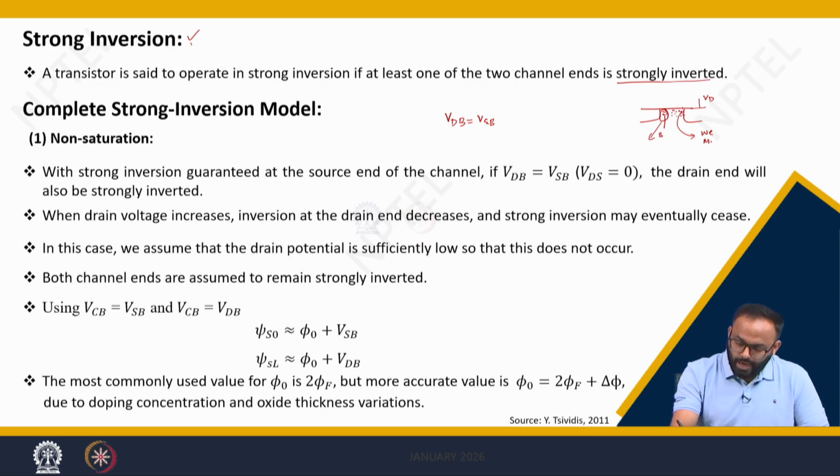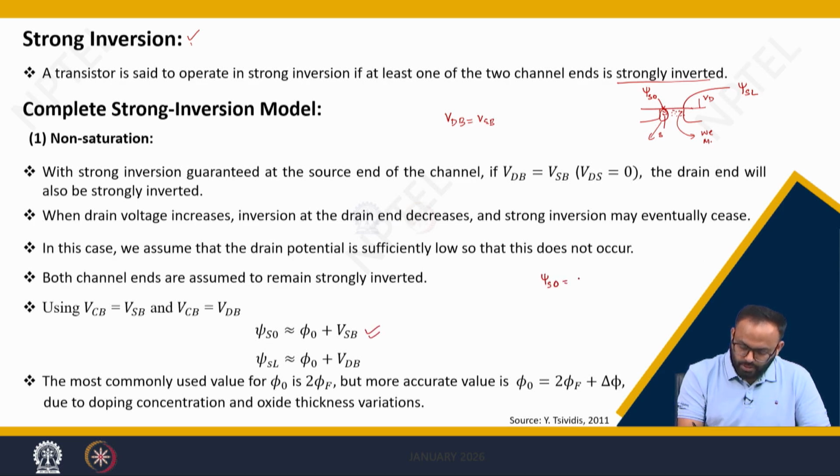And at that moment we can simply define the surface potential at both ends. Here we generally denote the surface potential near the source as psi S0, and near the drain we denote the surface potential as psi SL. We have seen the surface potential in strong inversion can be given by these equations.